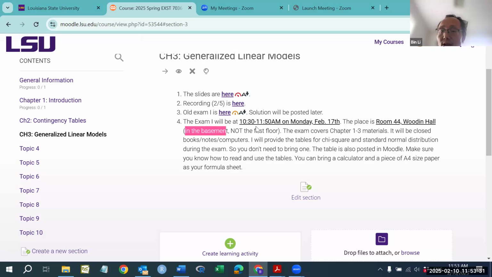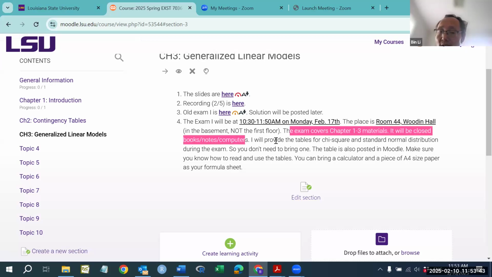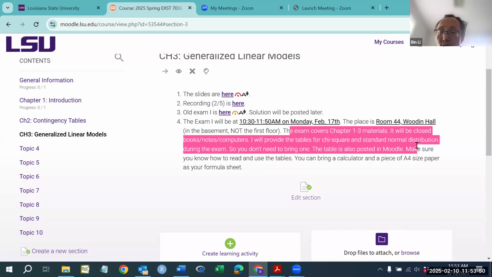That is in the basement, not on the first floor. So you have to go down to the basement, and the exam covers chapters 1 through 3. It will be closed notes, books, and calculators, and I will provide the tables for the chi-square and the standard normal distributions. So you don't have to bring the tables.